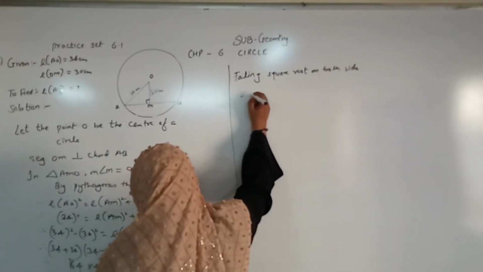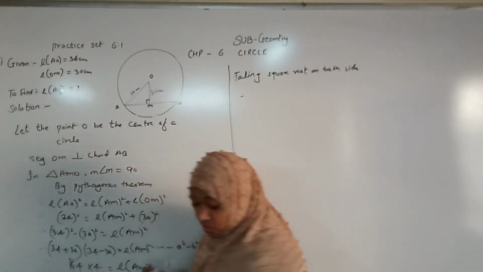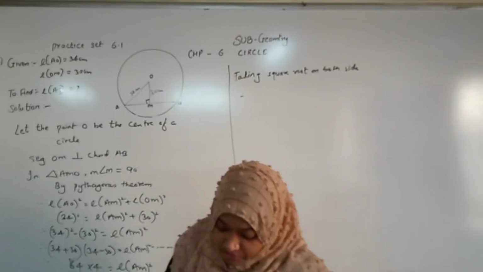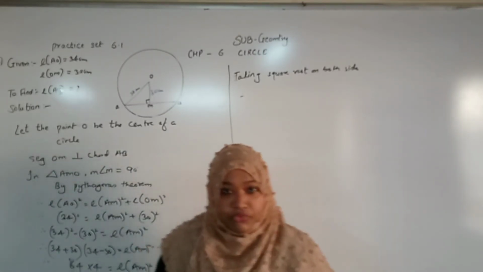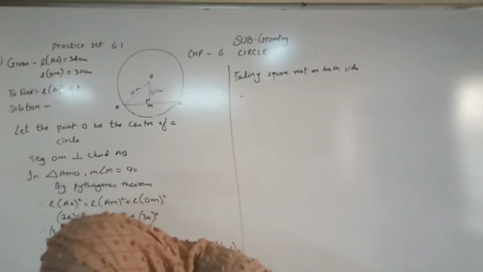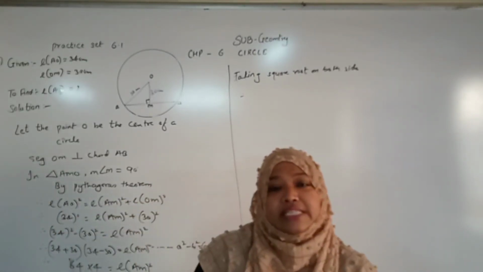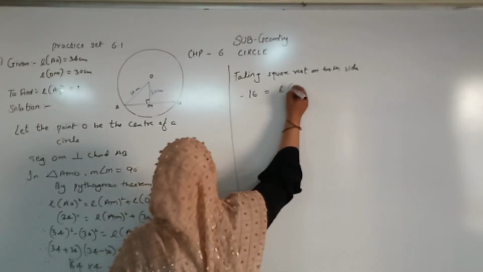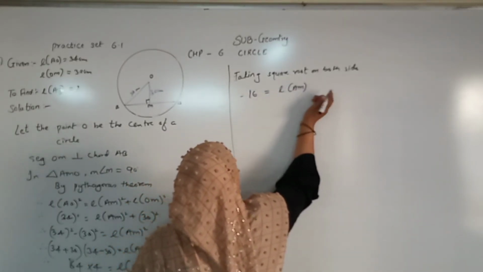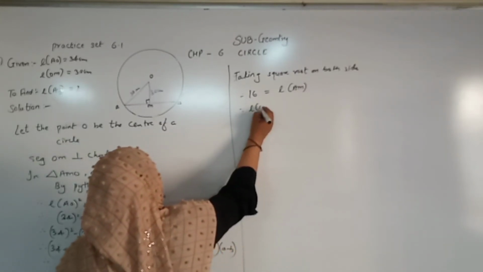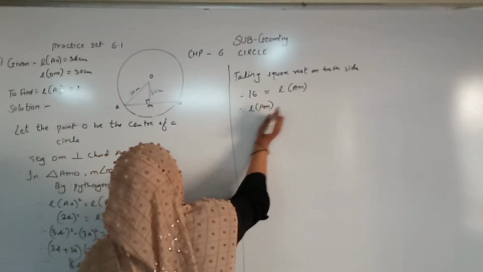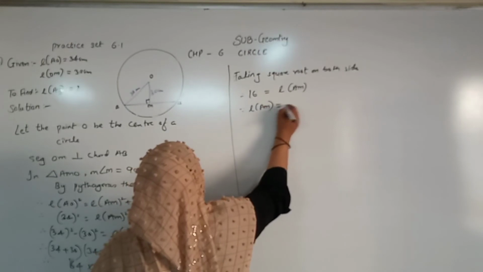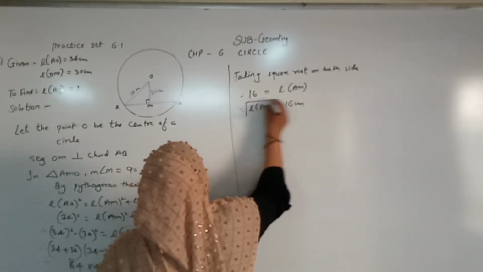So therefore 256 का स्क्वायर रूट क्या होता है जरा बताएंगे सब स्टूडेंट्स मुझे. 15 और 16. Yes, 16. So 16 equals length of AM. So length of AM is equal to 16 centimeter.